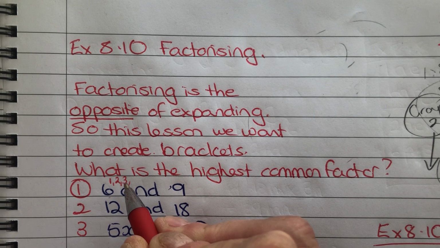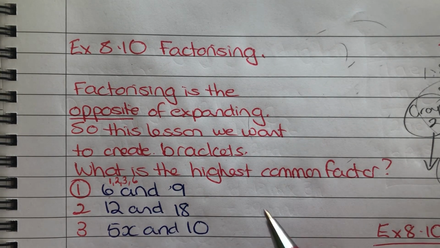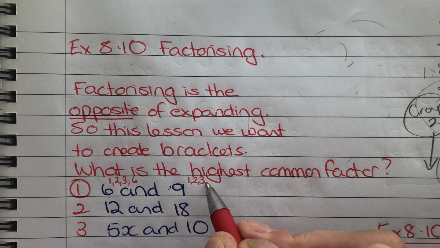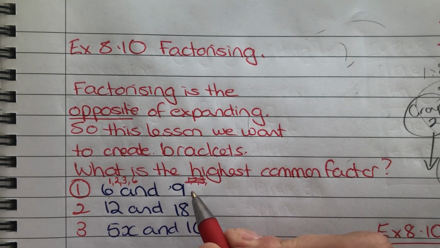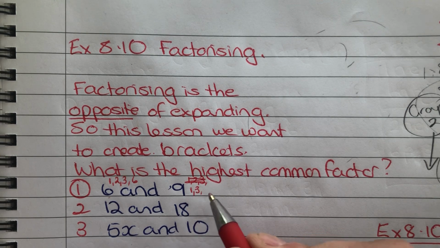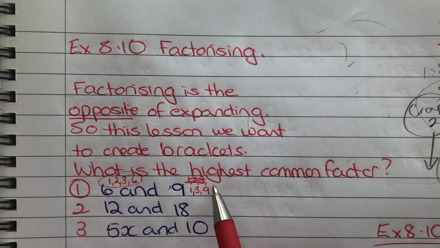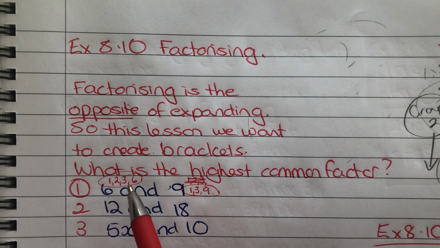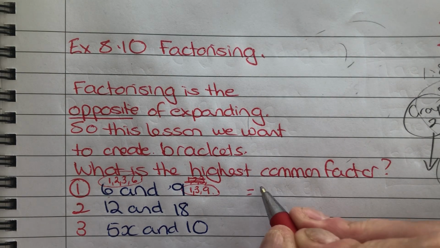What else goes into 6? 6 does. And in 9 we have 1, 2, 3... 2 doesn't go in. 1, 3, and 9. What's the highest number that is in both of those lists? And you should see that it is 3.